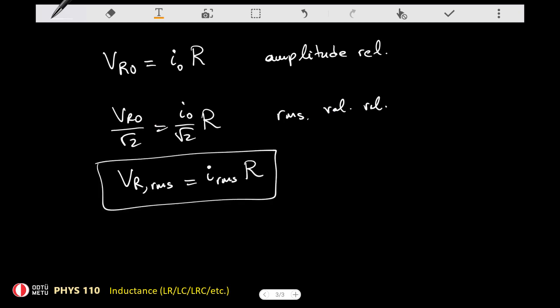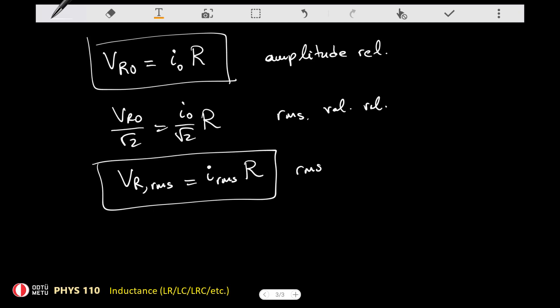So it doesn't matter in whichever units, quantities you use, the proportionality between the potential drop on the resistor and the current has the same relationship. Basically, the potential drop divided by the current is equal to the resistance. So that's Ohm's law in AC circuits.